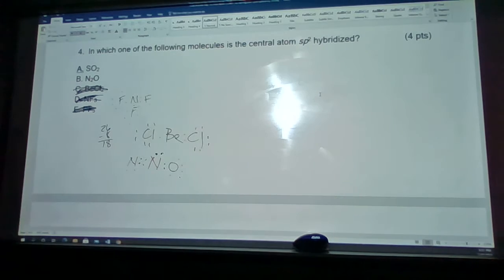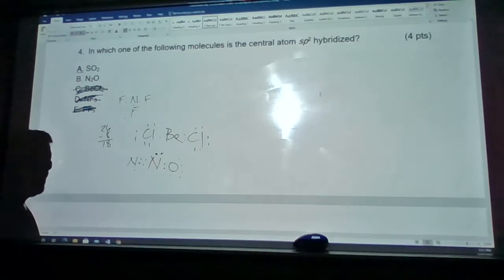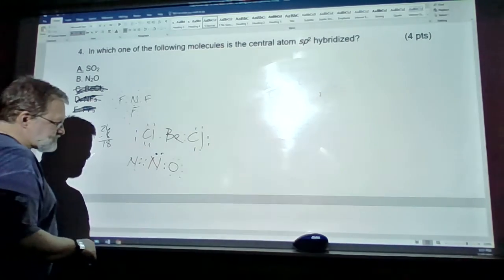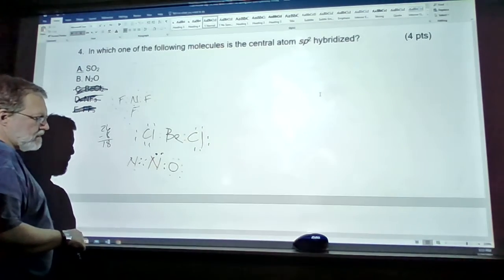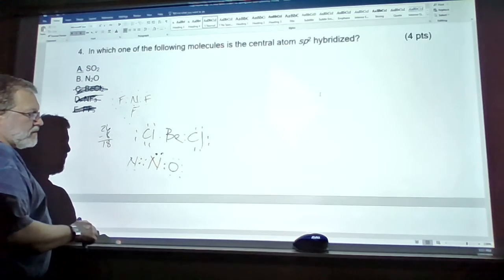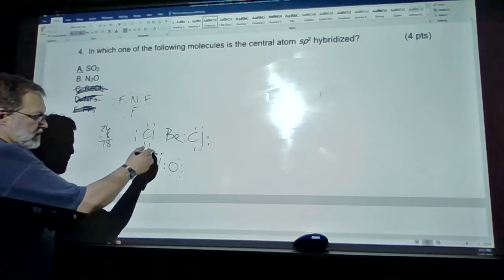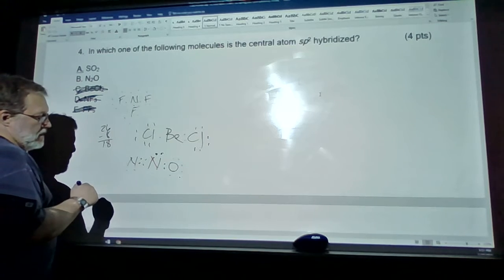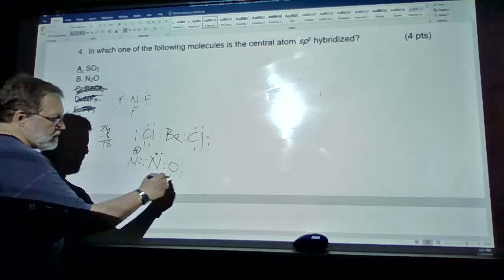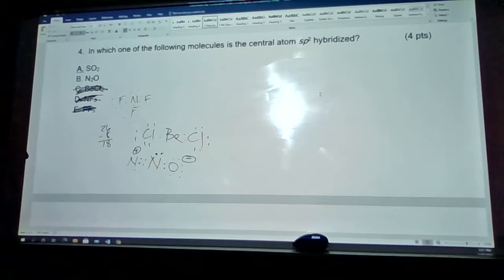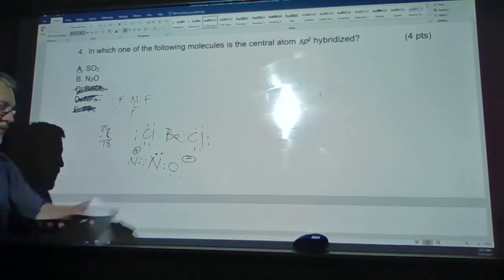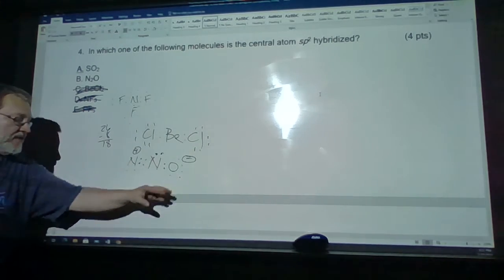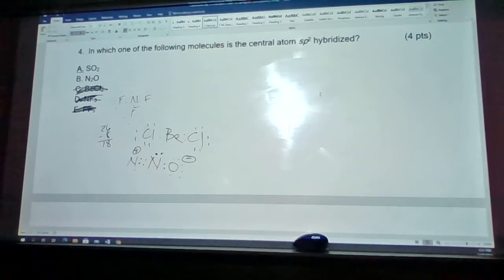That nitrogen center atom sees 8 electrons. This nitrogen atom sees 6 electrons. This has an extra pair of electrons. This overall is neutrally charged.